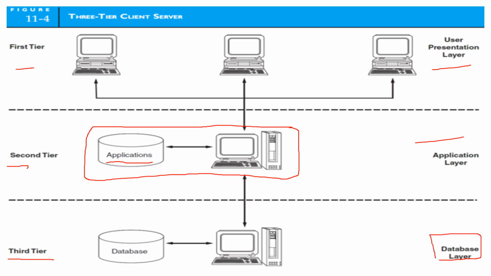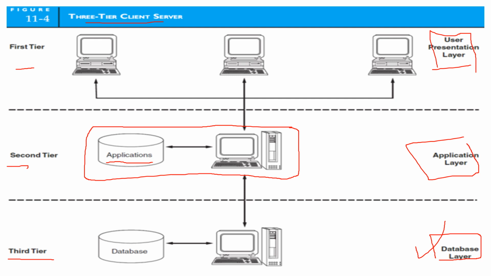So it shows that we have three layers: users, then applications, and then database. We normally use this model when we have big companies or a big number of users.